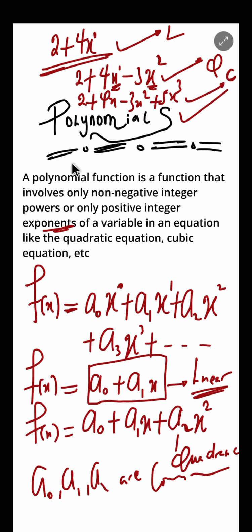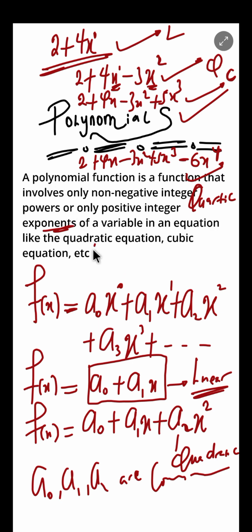You also have quartic. Quartic is when you have 2 plus 4x minus 3x squared plus 5x cubed, and let's say you now have minus 6x to the power of 4. When the highest degree is 4, it is said to be what? It is said to be quartic. That's a quartic expression.